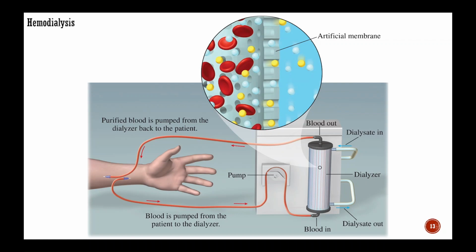The size of the membrane pores allows only small waste products to pass through into the dialysate to be washed away. Meanwhile, proteins, cells, and other important blood components are too large to pass through the membrane and remain in the purified blood.